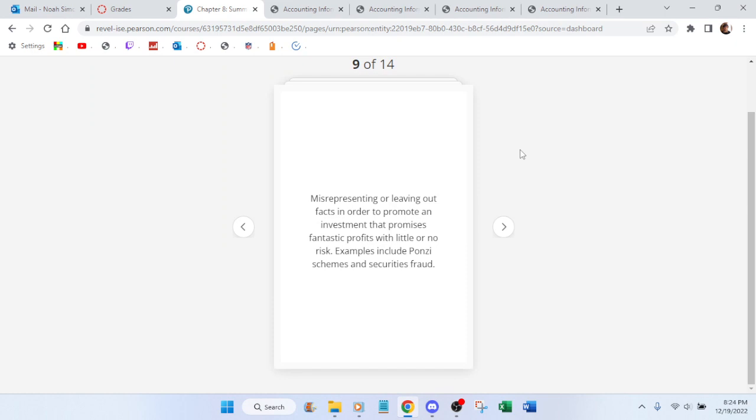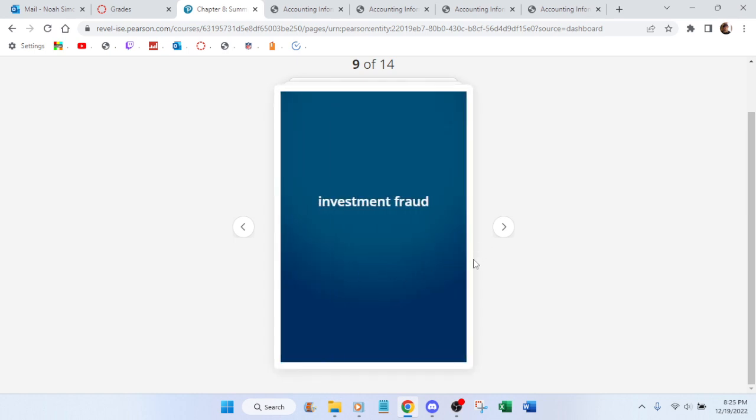Misrepresenting or leaving out facts in order to promote an investment that promises fantastic profits with little or no risk. Examples include Ponzi schemes and securities fraud. Investment fraud.